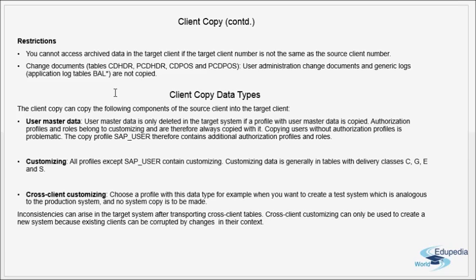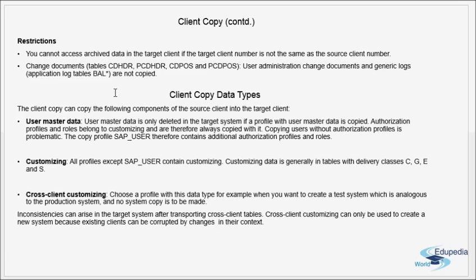So that's why, unless it's a fresh system, you have created a fresh system and first time you are copying, we don't go for this cross-client customizing. When we create a new client, say we have already 5 clients and we are creating the 6th client, we don't do this. If you are doing a client copy from the same system, it makes sense because the cross-client customizing is the same in that system.